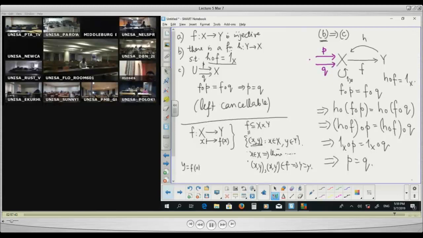So this statement B is saying that there is a function h from Y to X such that h of f of x is x. In fact I am drawing it for you. Here is my X, here is my Y. Remember, the best way to represent a function is by this stock diagram.